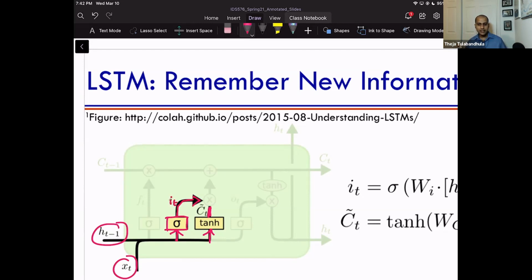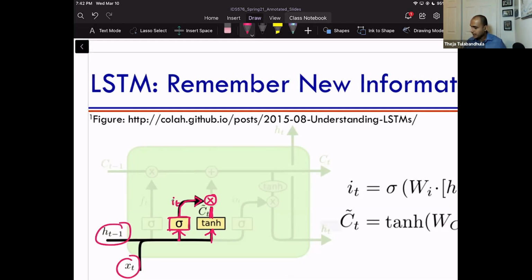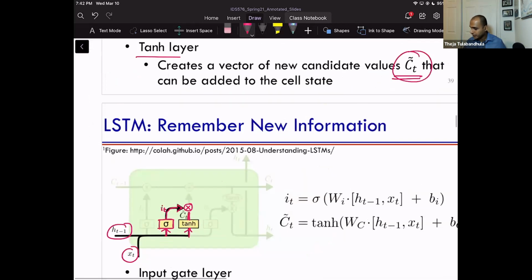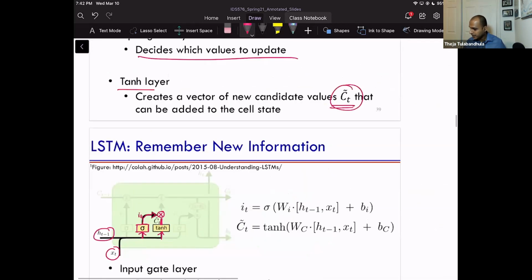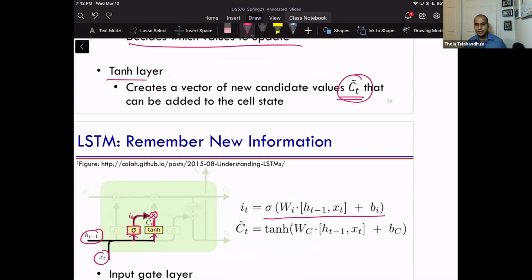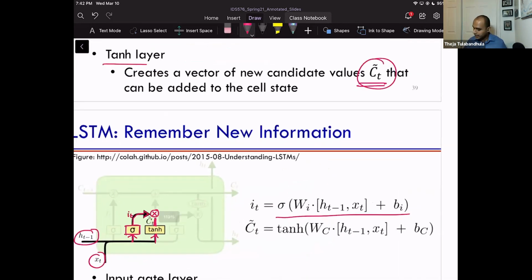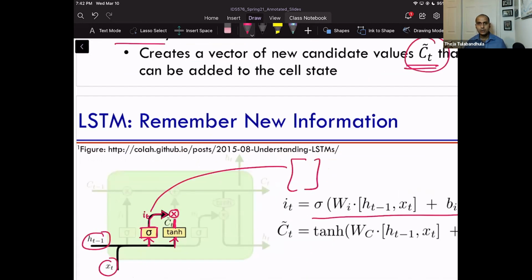This is a vector. Then we'll do the transformation that we saw earlier, an element-wise multiplication. Whatever C tilde t I got, I'm going to do element-wise multiplication with this input gate to say which information should be retained, which information should be deleted. If you really want notation, you can just look at this. Basically, it is this input gate. it is a vector, very similar to u prime.